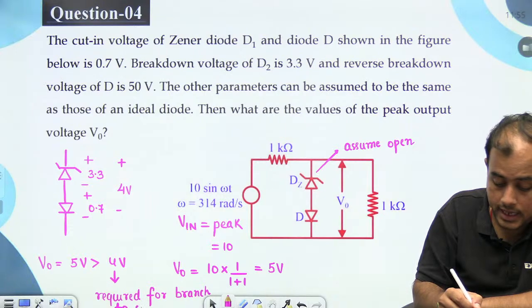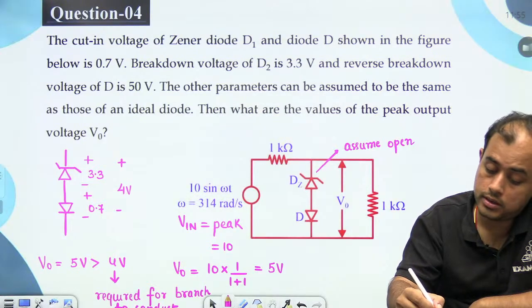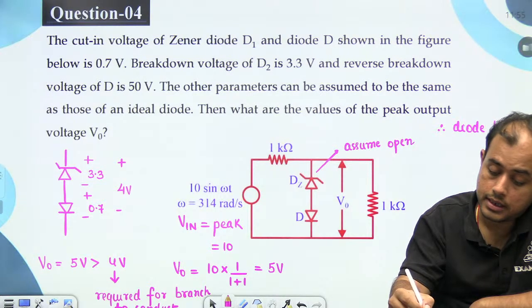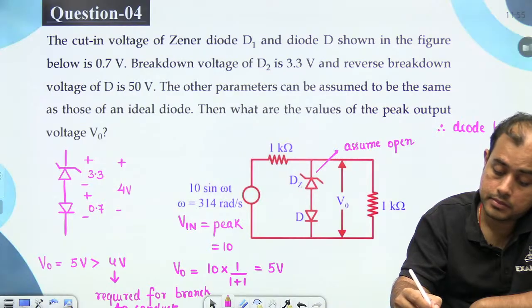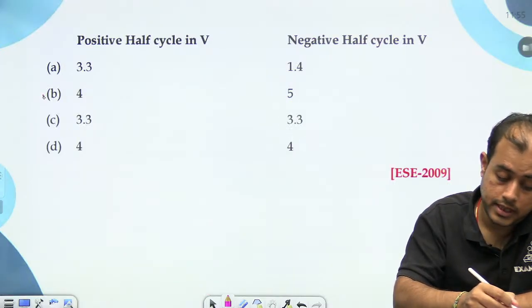At 4 volt the diode branch starts conducting, and V0 is getting more than that, therefore diode branch conducts and V0 becomes 4. So positive half cycle is 4.